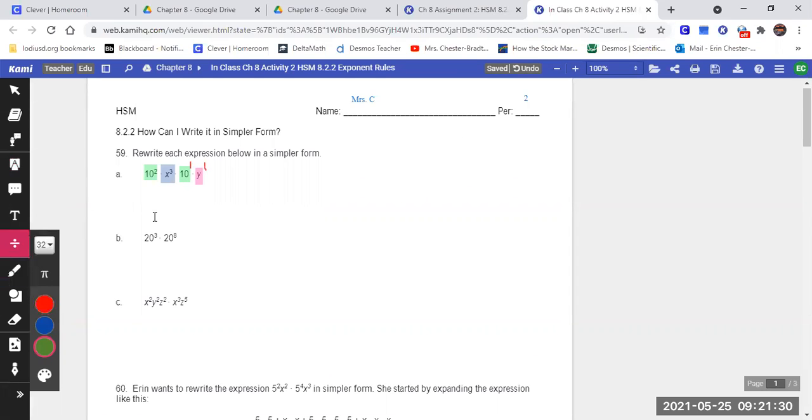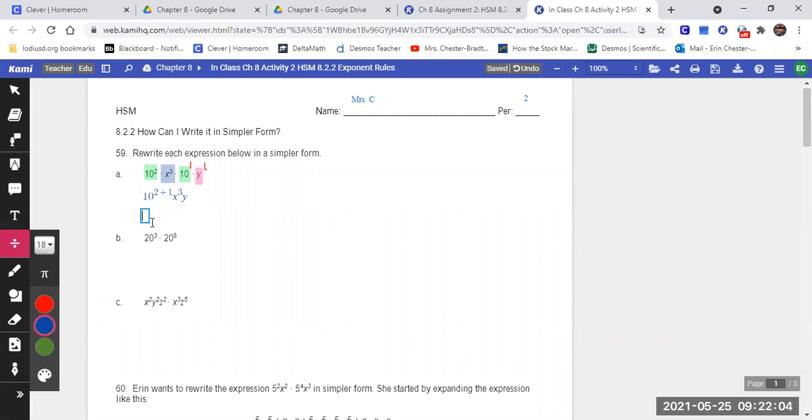Okay, so we have to worry about the 10s. We start with the 10s. We have 10 to the 2 plus 1, right? And an x to the 3rd and a y. I don't have to worry about the to the 1. I need to clean up the 10's exponent.